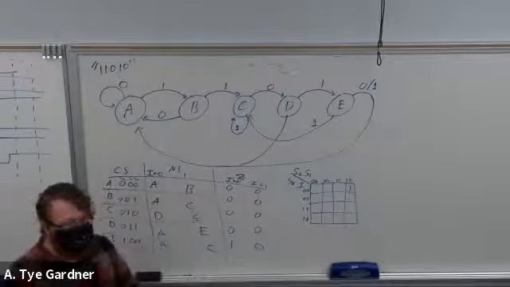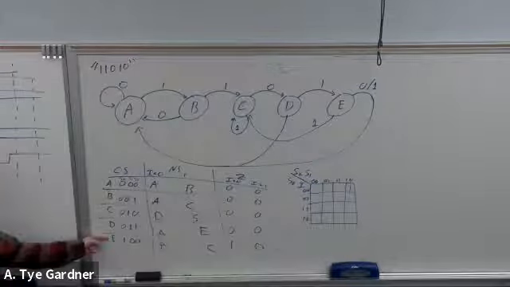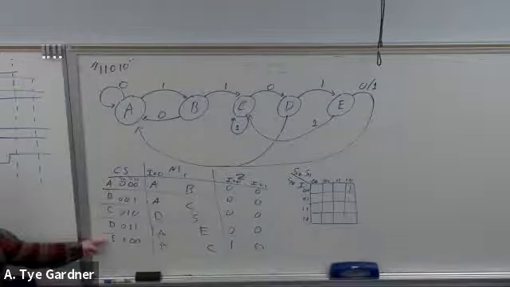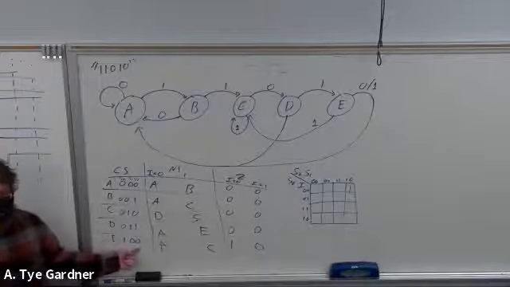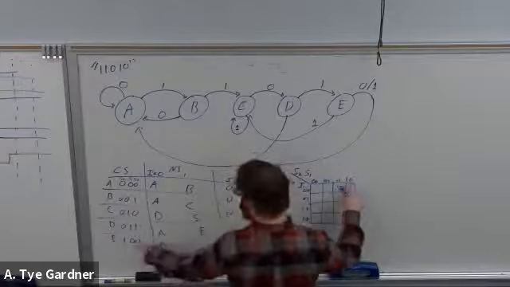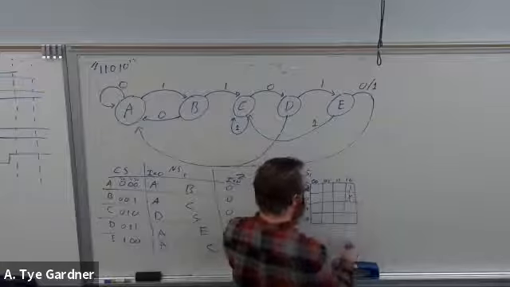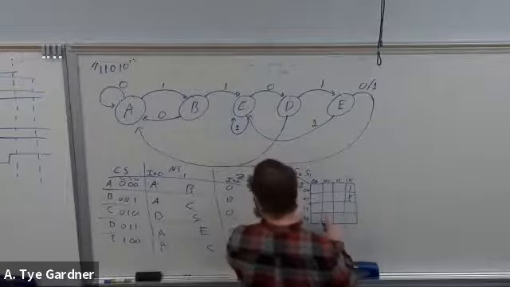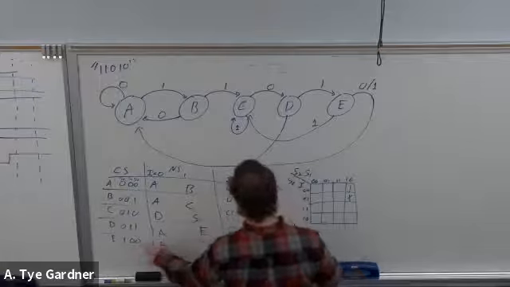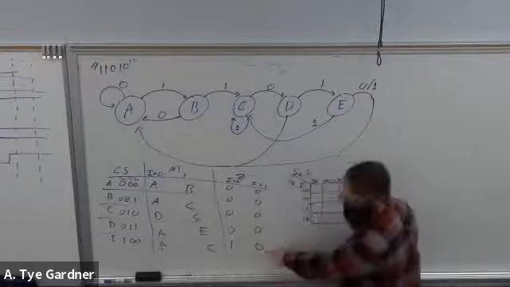And more than that, any state that goes beyond this is a don't care. Right? Because 1, 0, 1, I don't care. Oh wait, actually 1, 0, 0, 1 is a 0. Because of that, right?